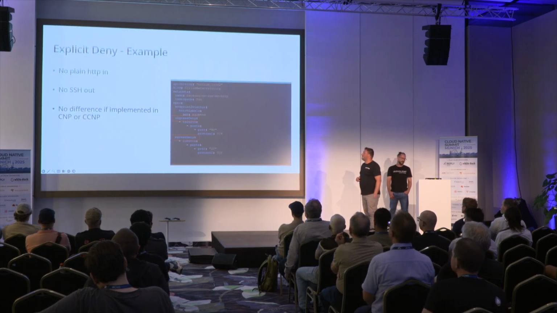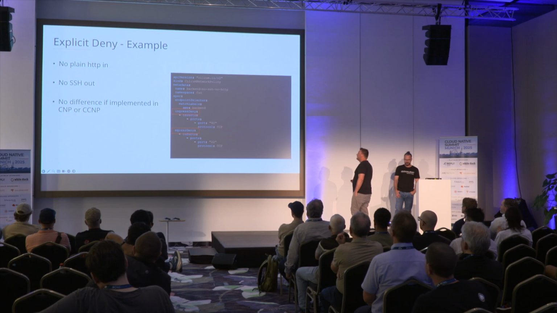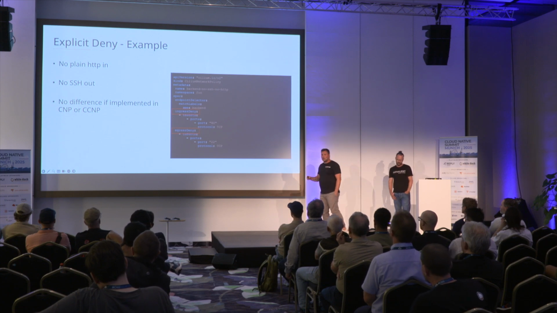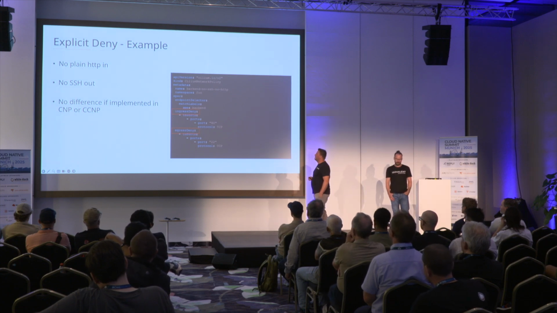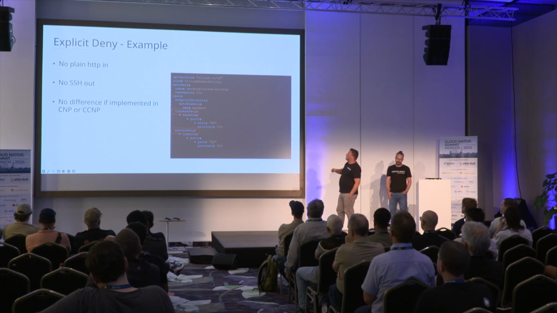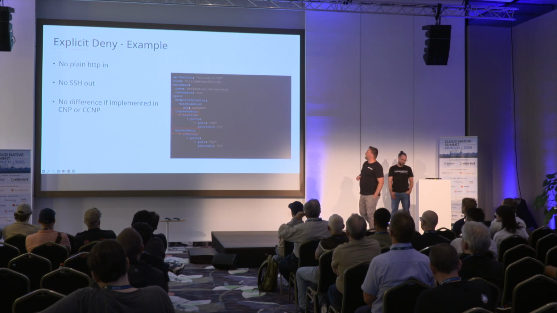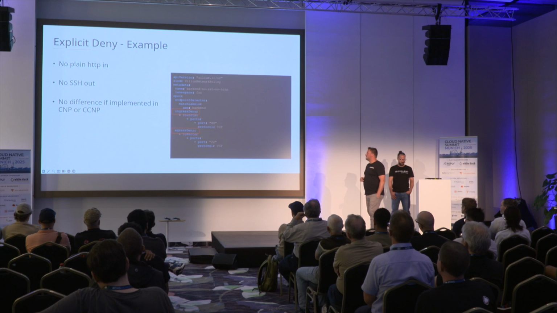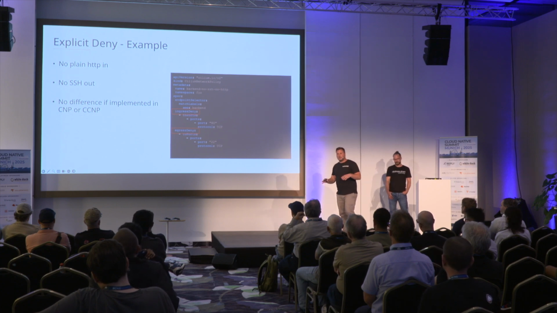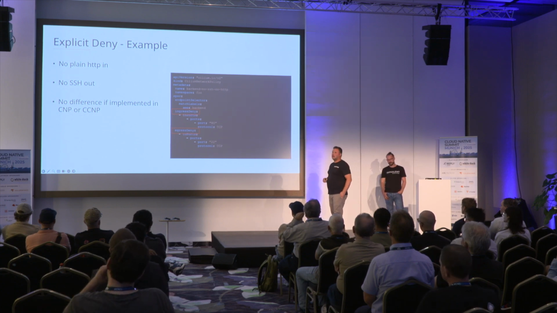And here's a good example. As you see in the examples before, we use the explicit egress deny. Here, as you brought in an example, we block port 80, and we block port 22 explicitly. So nobody in the cluster can now override this policy with an allow.